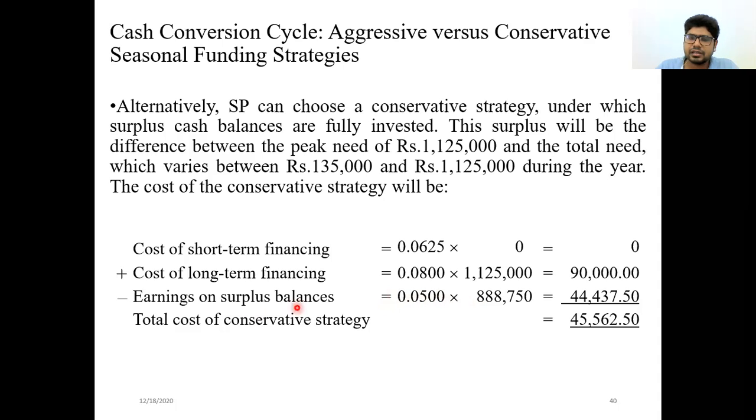So this is the earning. Cost minus earning: the earning is 44,437.5. So the cost of the conservative strategy, the cost of working capital, is 45,562.5.